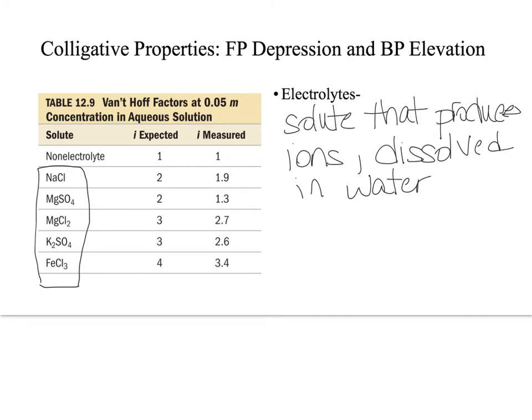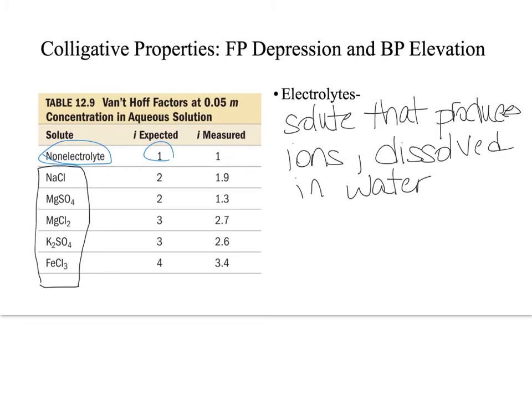A non-electrolyte does not produce ions, and so its i factor, or Van't Hoff factor, is 1. So we don't have to put that in there when we're looking at the freezing point depression and boiling point elevation of a non-electrolyte. So what does this mean as far as the number of ions?